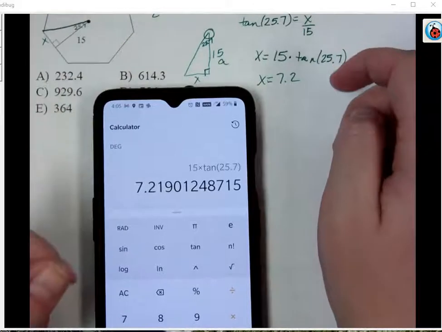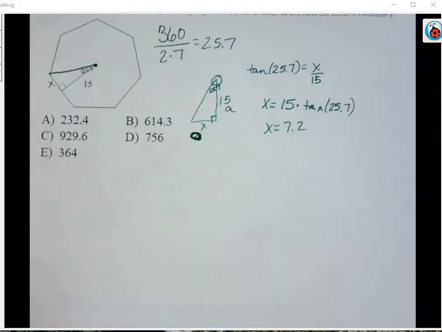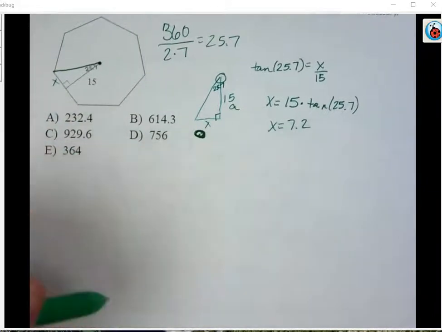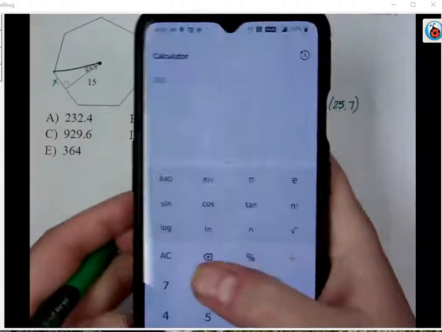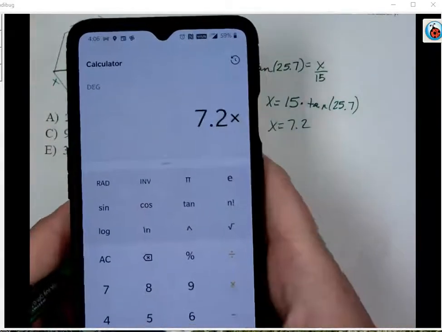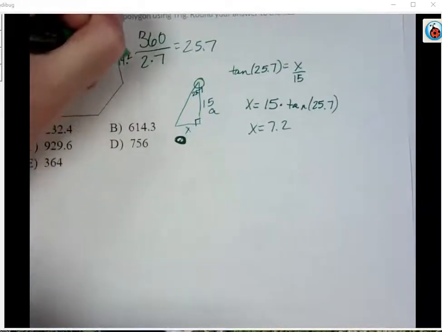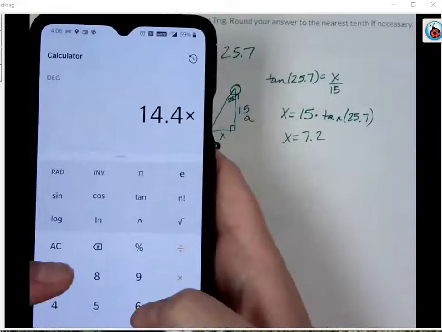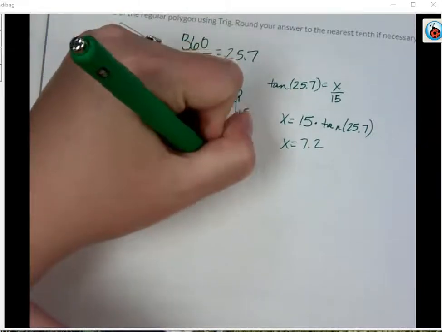X equals 7.2. All right, and go ahead and round that 7.2 to the nearest tenth. Okay? So it becomes 7.2. When you multiply that by 2, you get 14.4. That is the length of one of the sides of this polygon. But we want the perimeter, so we need to multiply it by 7 sides. So my perimeter is 100.8.